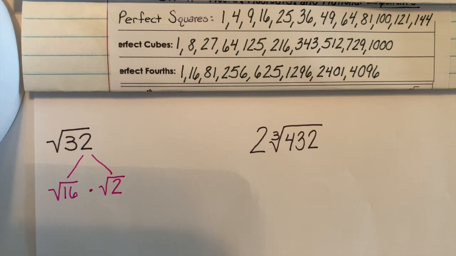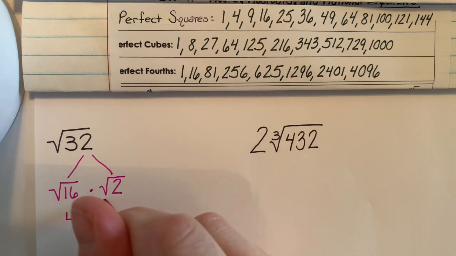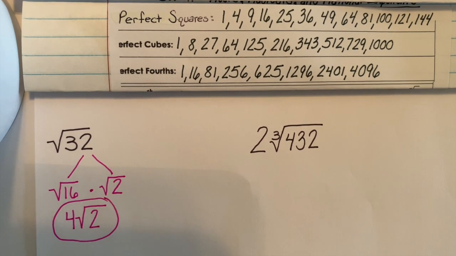So we said that 16 was my perfect square. So what is the square root of 16? I hope you all said 4. Again, take it out of the radical. Then it says leave the leftover under the radical for step 3. Well, we can't take the square root of 2, so I'm going to leave it just like this. And that is my final answer.